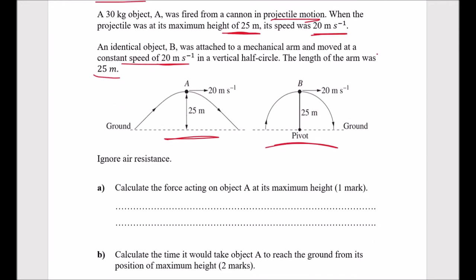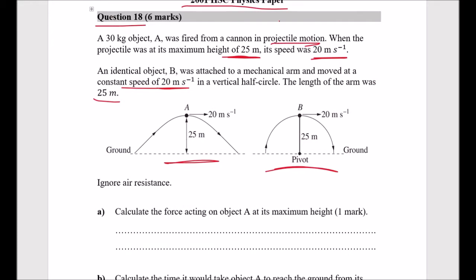Okay, so question 1A. It says, calculate the force acting on object A at its maximum height. Now, if you recall with projectile motions, there are a couple of assumptions that we make. If it's the y component, the only acceleration that's affecting it is the acceleration due to gravity, so 9.8 meters per second squared.